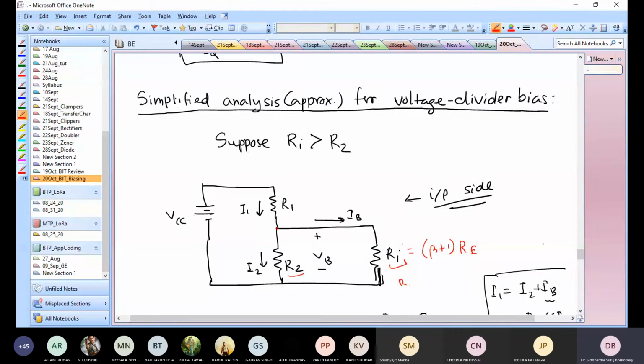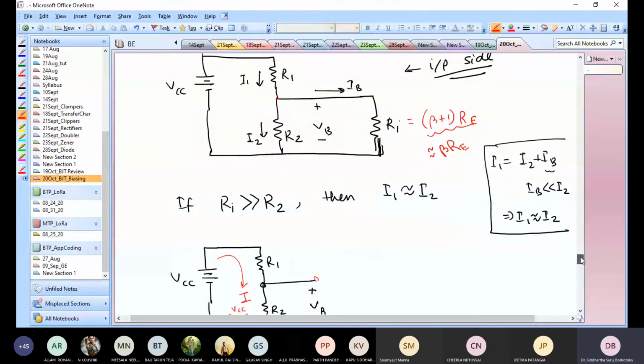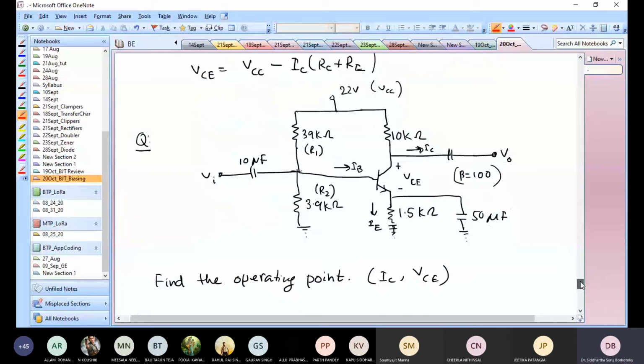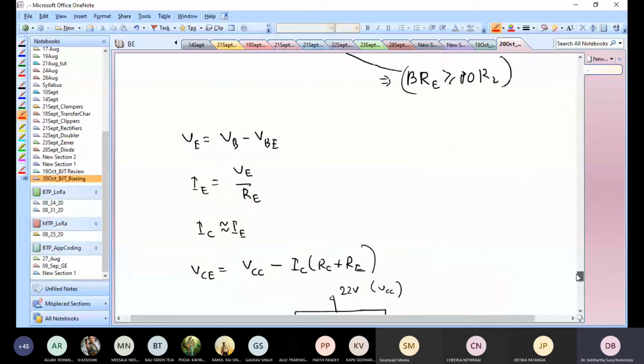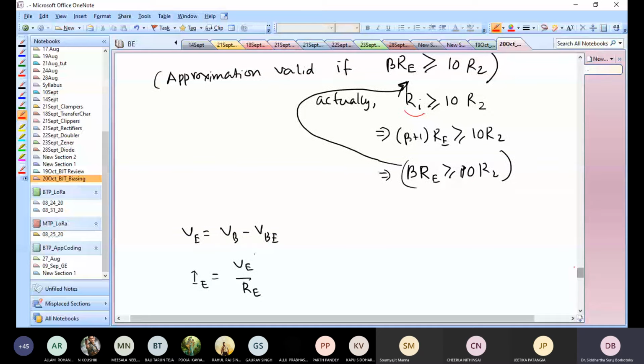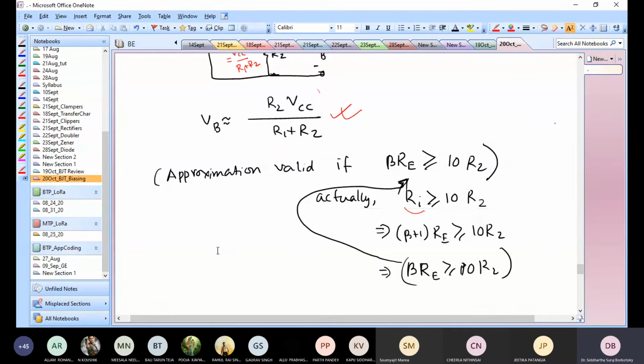But what is Ri? Ri is beta plus 1 Re. But beta is very large, so we can approximate it as beta Re. So we can write down that beta times Re should be much greater than R2. In general, we would say that it should be greater than 10 times R2. So beta plus 1 Re is greater than 10 times R2. If this is satisfied, then we can go ahead and use this approximation. VB is just R2 times VCC by R1 plus R2.